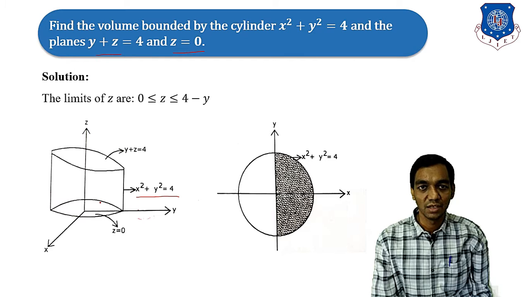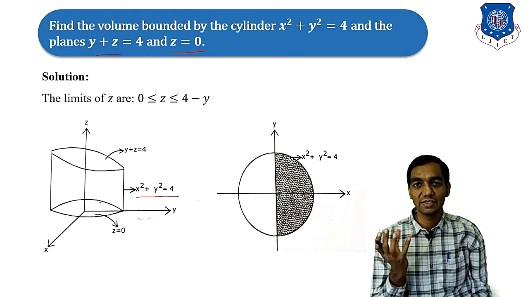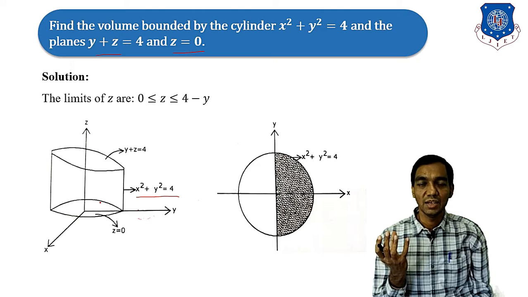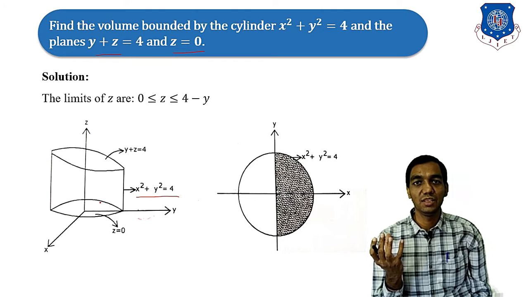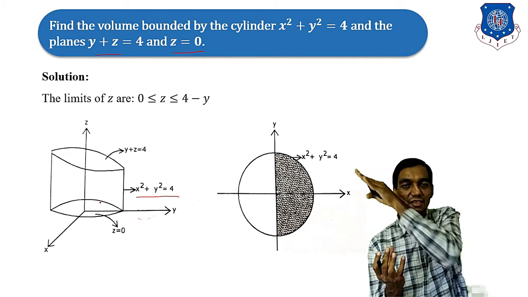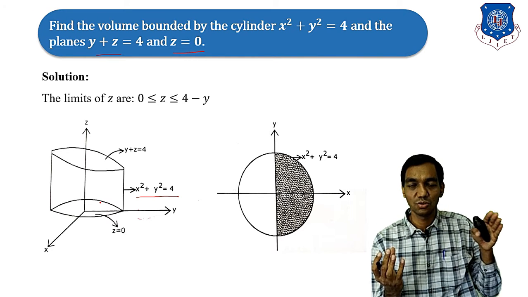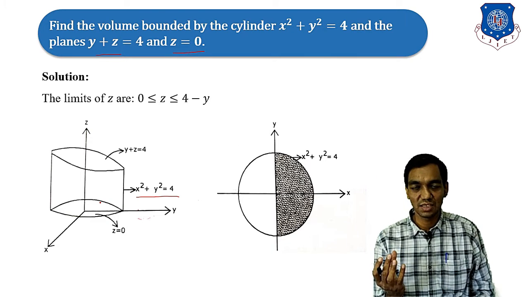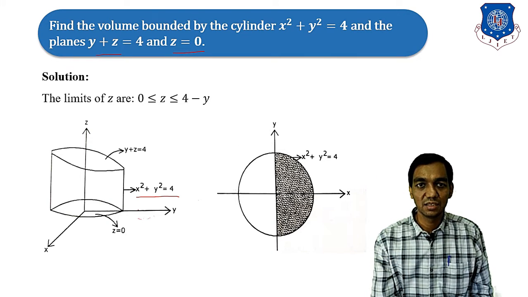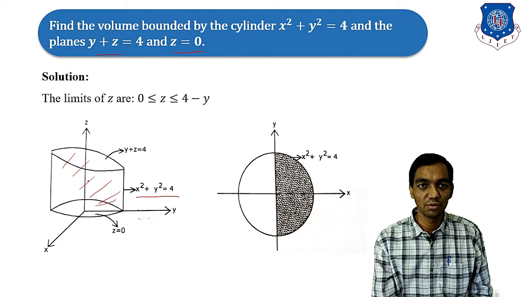Suppose this is the cylinder x square plus y square is equal to 4, and you are going to cut it with the plane y plus z is equal to 4. That means it is like this, the y plus z is equal to 4 plane. So you are going to cut it transversely. So the volume you have is like this. This is the volume which we have to find out.